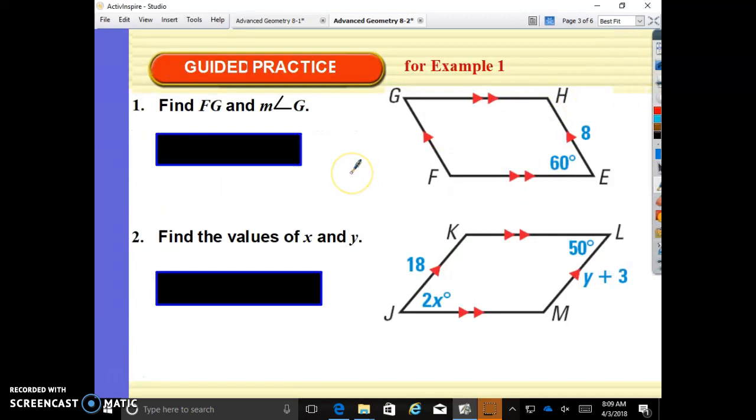Find FG and the measure of angle G. Okay, well, FG is going to be congruent to HE, so it's 8. And angle G is congruent to angle E, so it's 60 degrees.